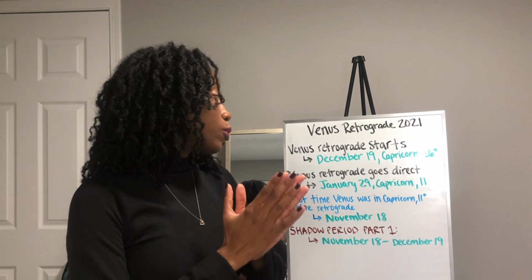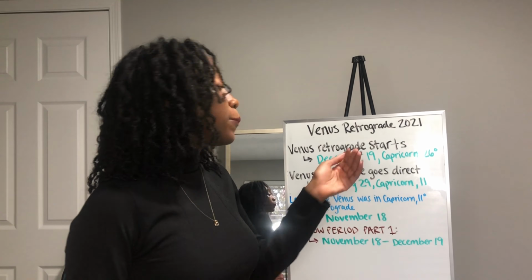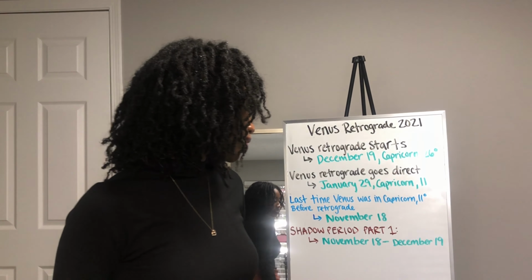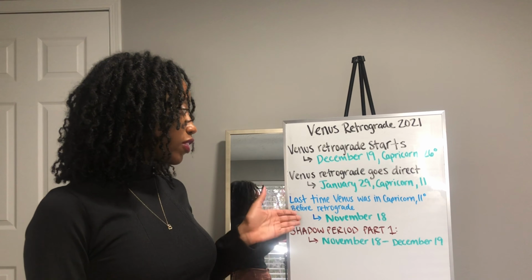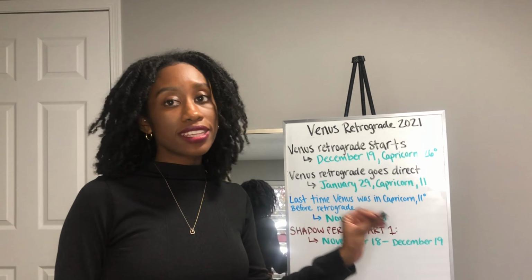So when was the last time Venus was in Capricorn at 11 degrees before Venus started going retrograde? You would use an ephemeris to figure out that date. By using an ephemeris, I figured out that the last time Venus was in Capricorn at 11 degrees before it went retrograde was November 18th.